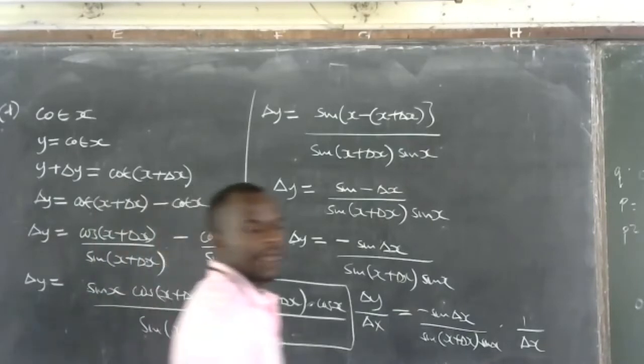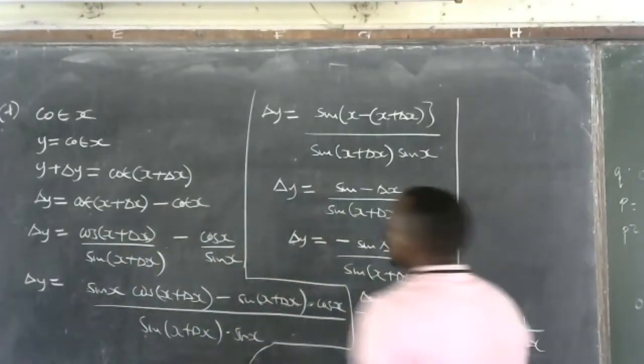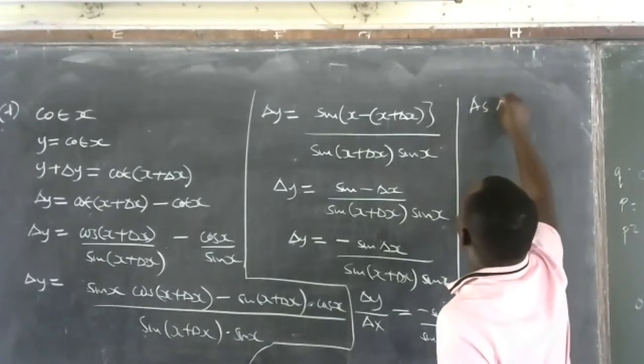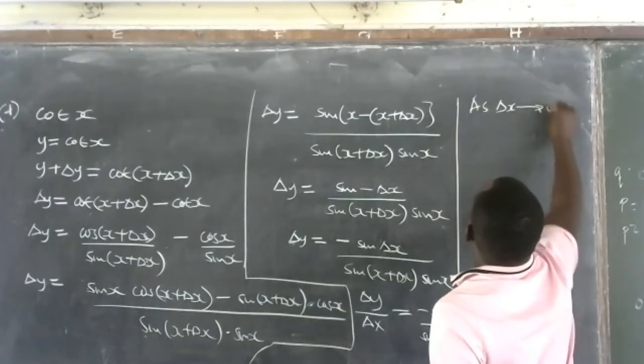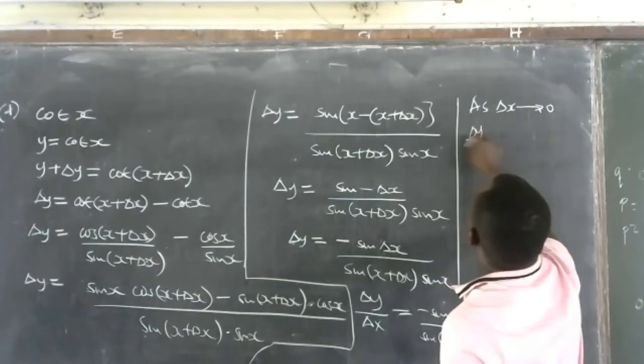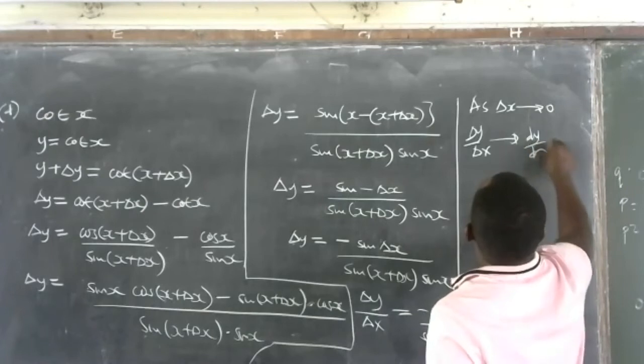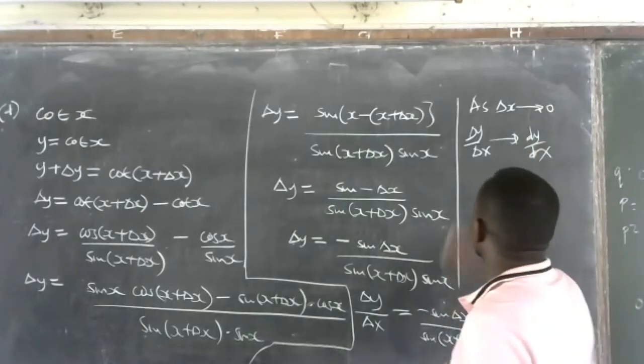Now you come and make the assumptions. Shall say as change in x tends to 0, the change in y by change in x becomes dy dx, the actual gradient.